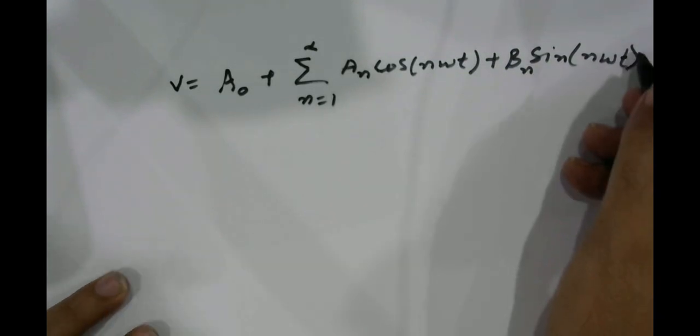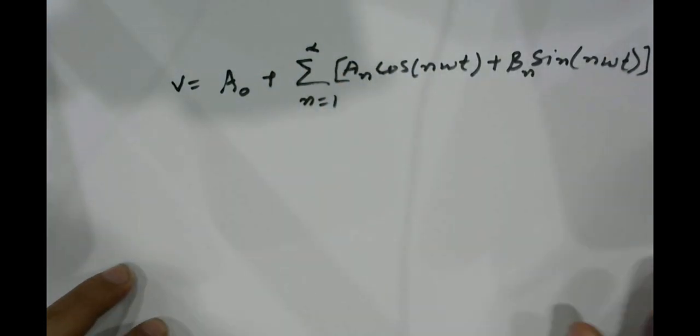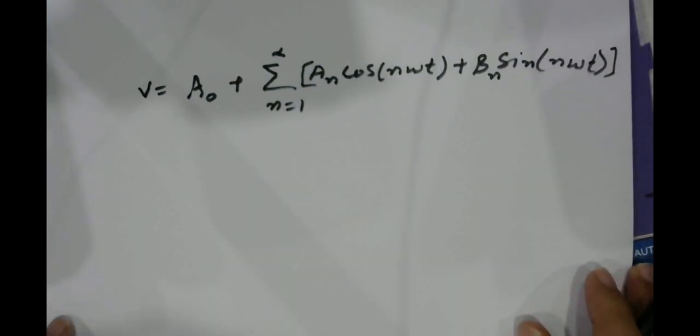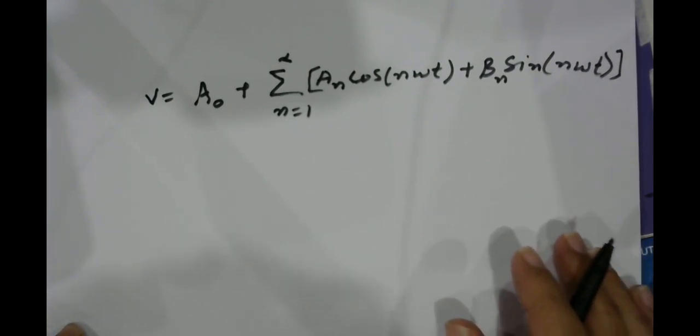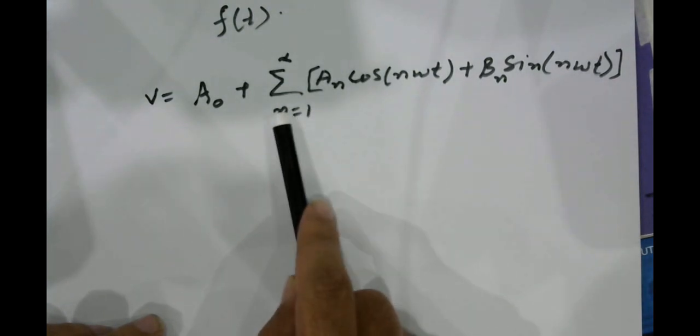You just need to remember this formula. You are given any function, say f of t, and you need to write that waveform as an infinite summation of sine and cosine waves. In a minute we will show how it can be done. We'll take a simple example and then produce that signal by summation of these sine waves and cosine waves.